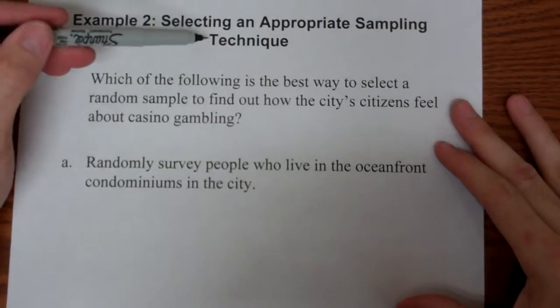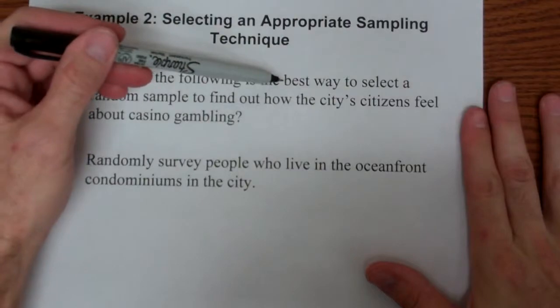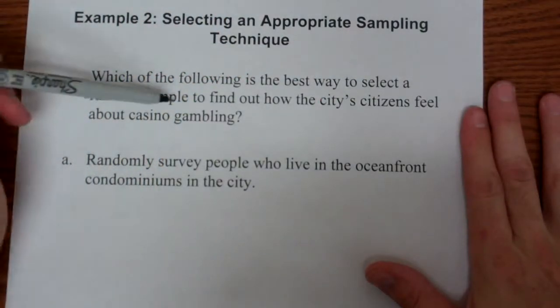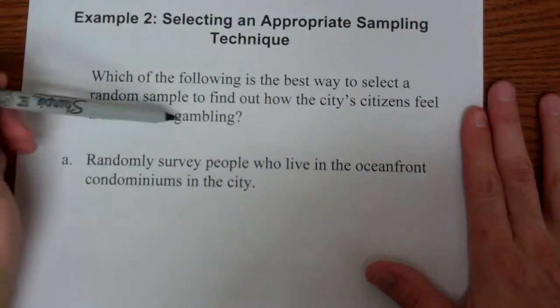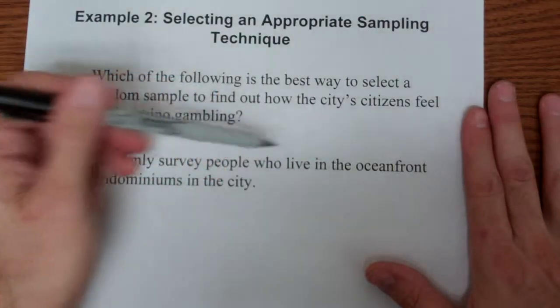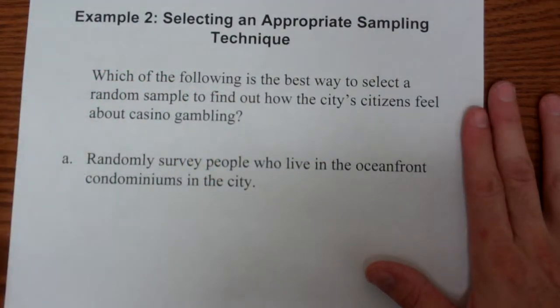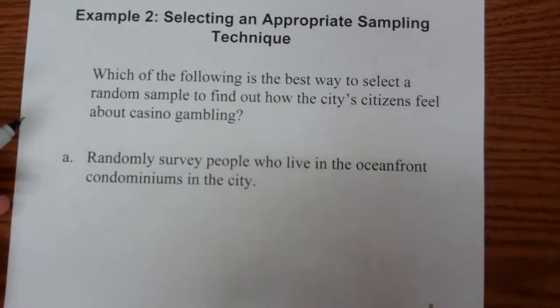Now, how do we select an appropriate sampling technique? So which of the following is the best way to select a random sample to find out how the city's citizens feel about casino gambling? So what if we randomly survey people who live in oceanfront condominiums in the city? Is this a good way to randomly select a representative population?